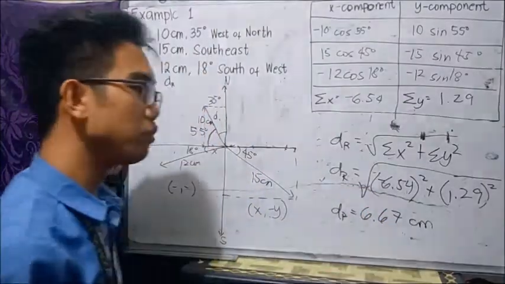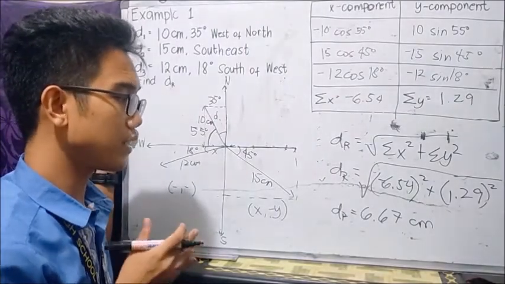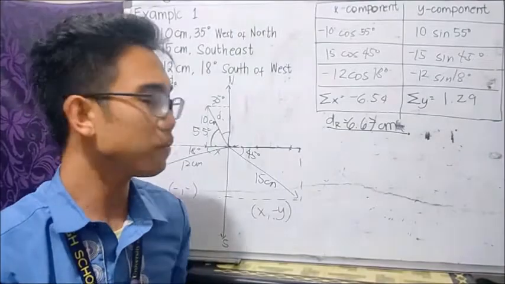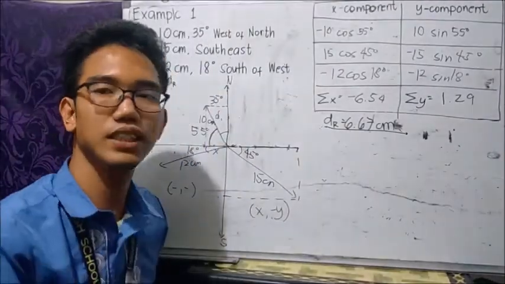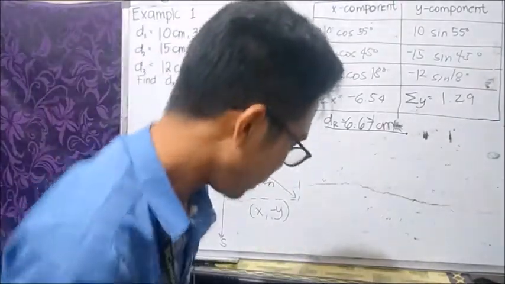That is the magnitude of your resultant displacement. Now let us find the direction of your vector.